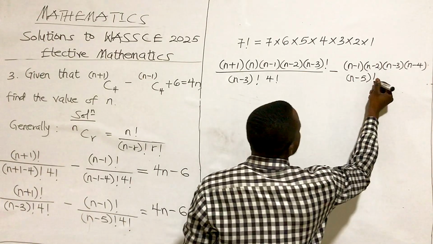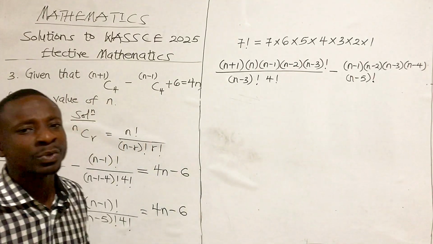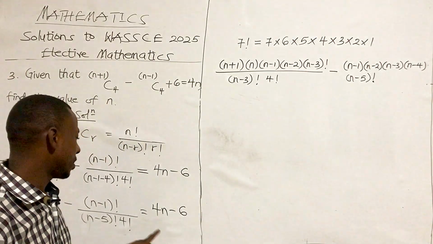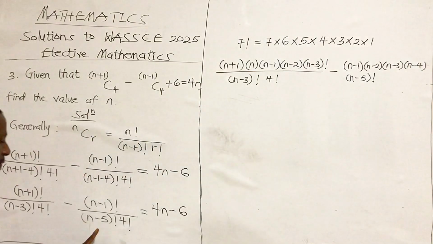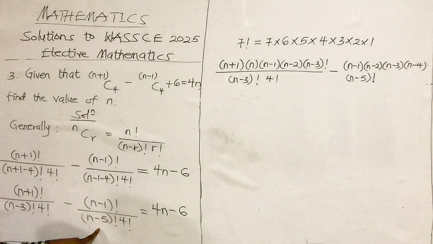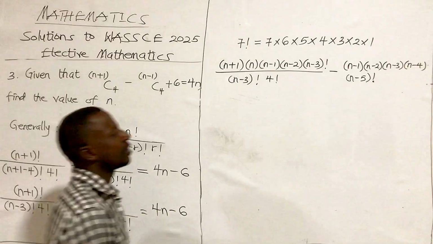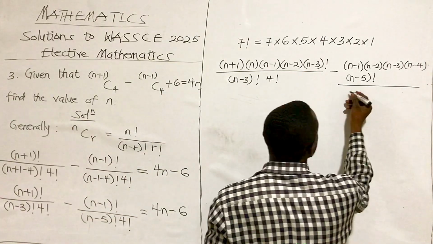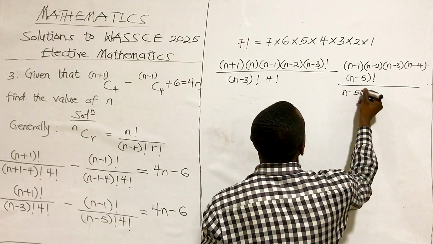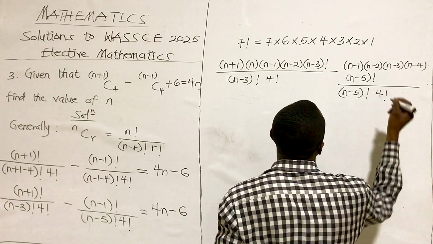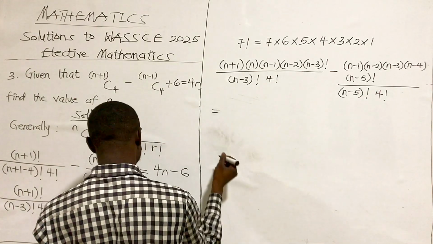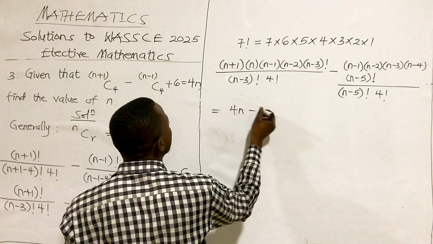And over here, I am also going to end on n minus 5 factorial because the denominator has n minus 5 factorial. So all over n minus 5 factorial 4 factorial, which is equal to 4n minus 6.